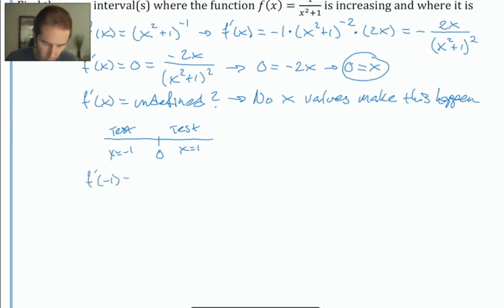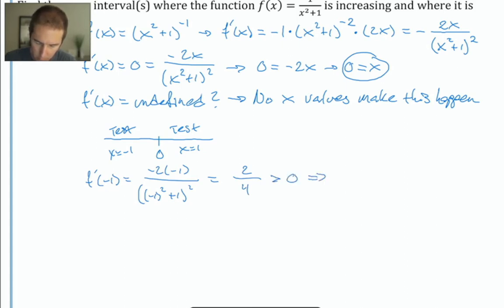F prime of negative 1 equals negative 2 times negative 1 over negative 1 squared plus 1 squared equals, that's a 2 in the numerator, and negative 1 squared is positive 1, plus 1 makes 2, squared makes 4, which is greater than 0, therefore increasing on that entire interval that's to the left of 0.